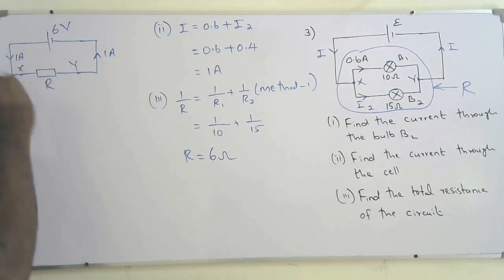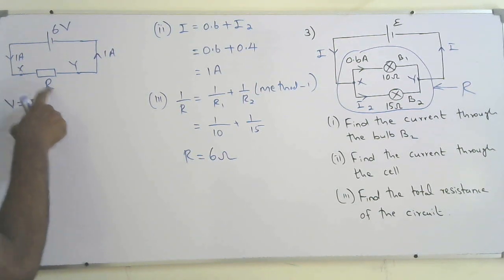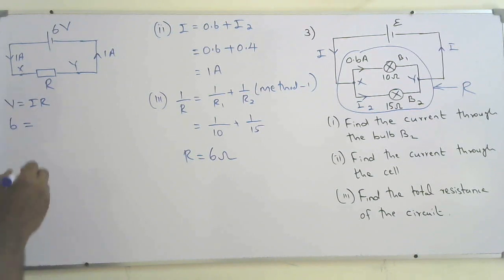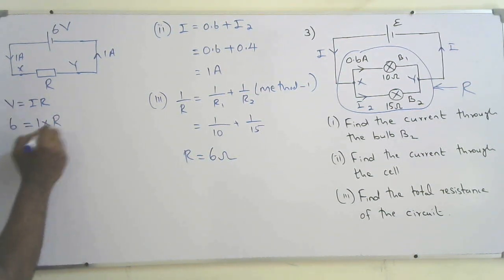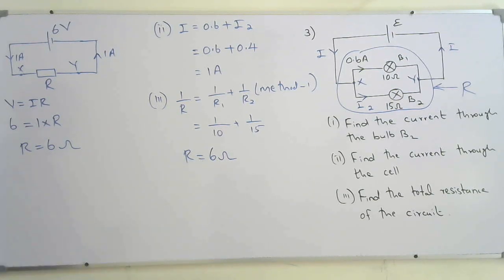Okay, so I need to use V equal IR for the equivalent resistance. I know the voltage across the resistance, that is 6, and the current through the equivalent resistance, 1 ampere, into R. So R is equal to 6 ohms. So same answer I will get if I use the idea of equivalent resistance also.